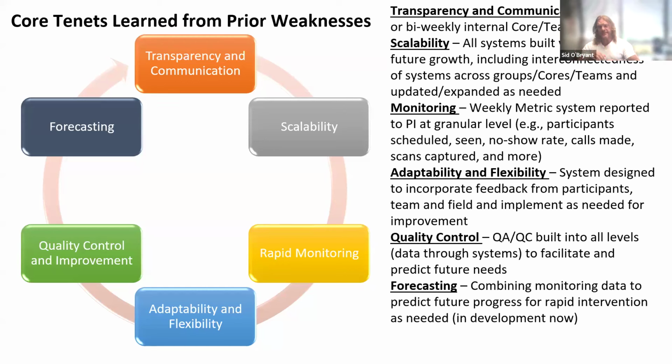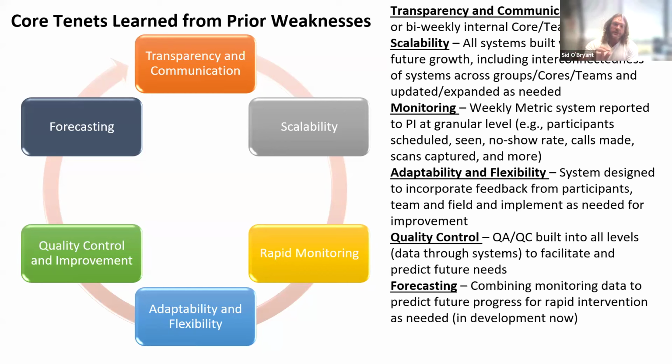And the last piece is a little bit more of a bigger picture sort of thing, but it gets to what I said earlier around the monitoring and flexibility is I always know where we are. The team knows where we are. And then we're predicting out so that right now we already know exactly or estimated where we will be at the end of this year.